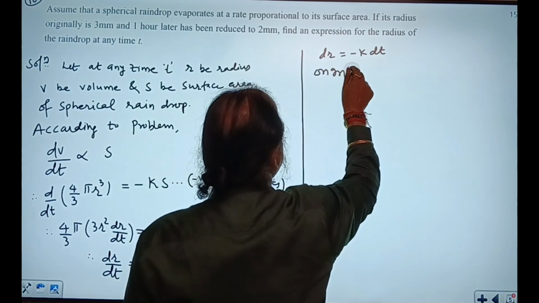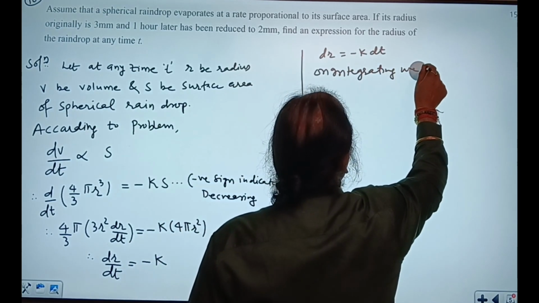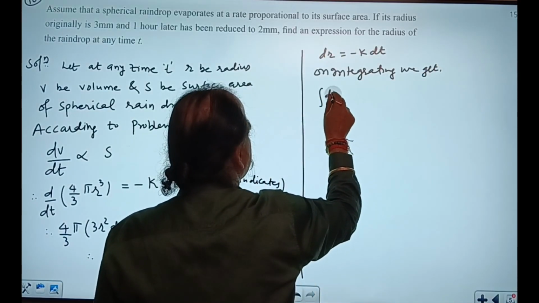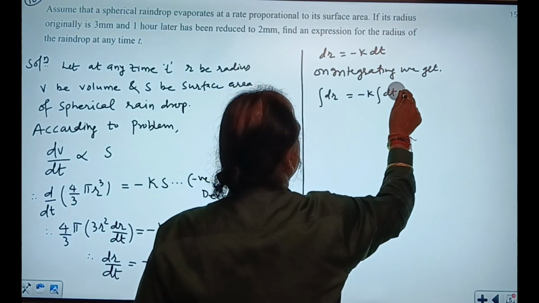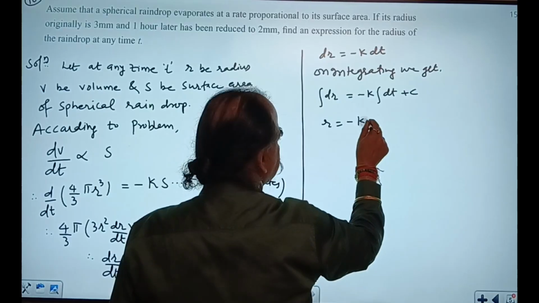On integrating we get integral dr is minus k dt. So r is equal to minus kt plus c.